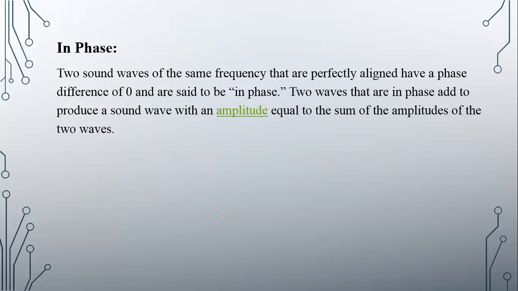Two waves that are in phase, when added, produce a resultant wave with an amplitude equal to the sum of the amplitudes of the two waves.